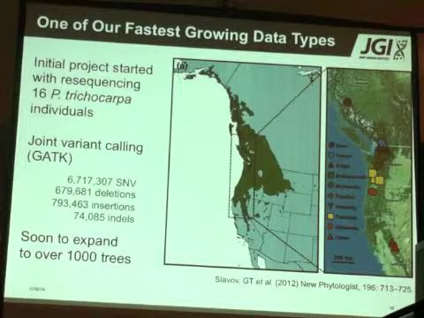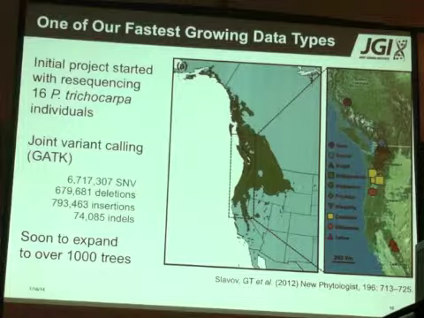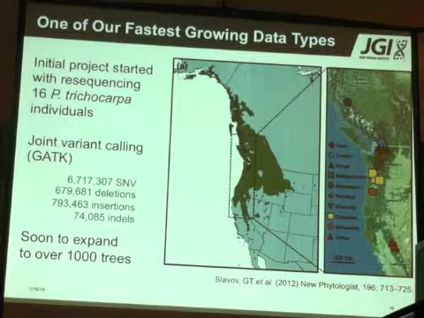So yes, diversity, definitely one of our fastest growing data types. Using the poplar tree again as an example, there was a study published in 2012 by some collaborators of ours, doing an initial pilot investigation of 16 different individuals, sequencing selected from all along this range here in the western part of North America where poplar grows.